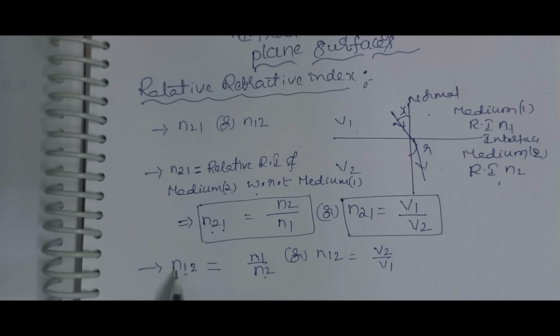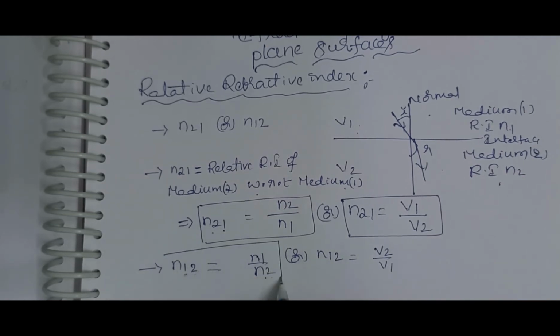So n1 means first medium, n2 means second medium. It is also equal to v2 by v1, where v2 is the speed of light in the second medium and v1 is the speed of light in the first medium.